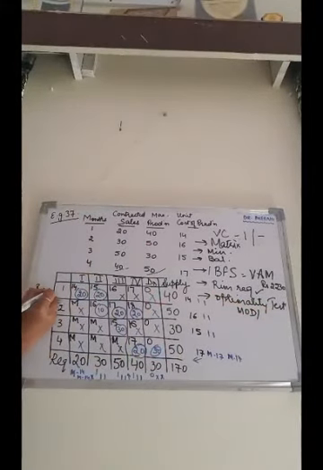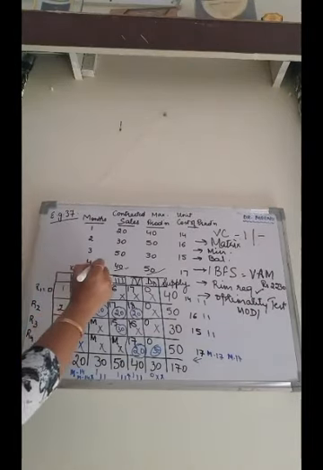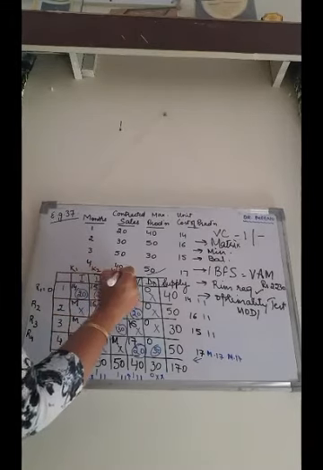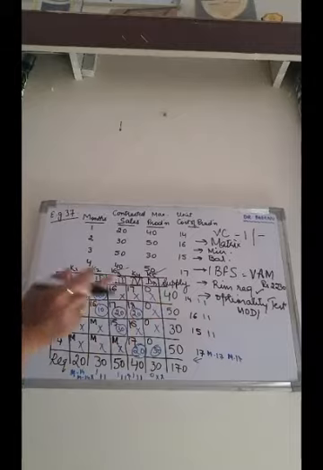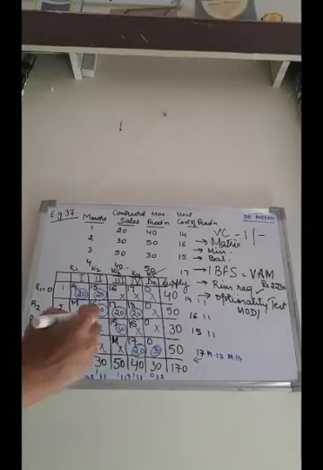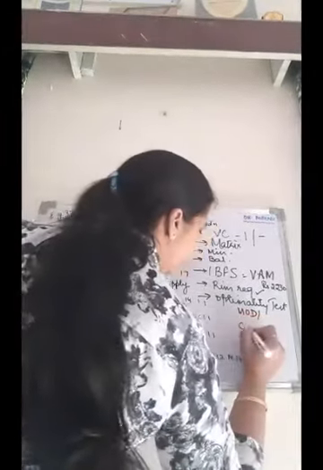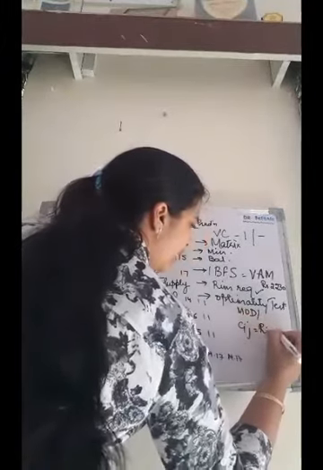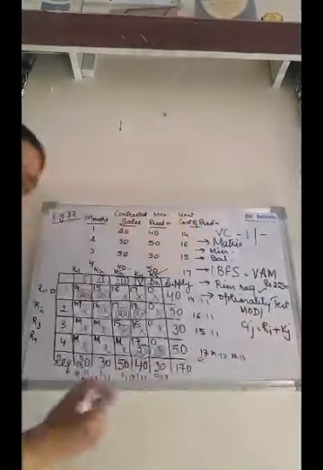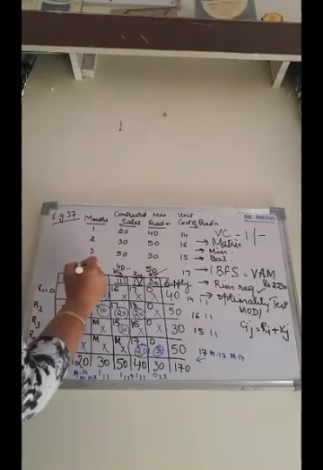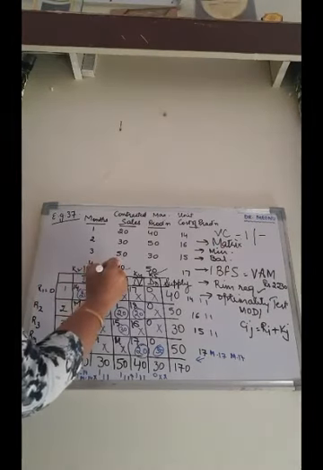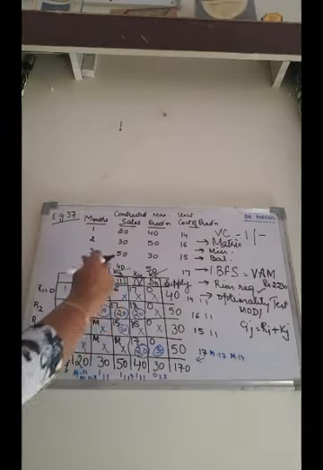So let it be, first R1 is equal to 0, R2 is equal to, this we have to calculate. This is K1, K2, K3, K4 and K5. For occupied cells, Cij is equal to Ri plus Kj. Now 0 plus 14, that is equal to 14, 0 plus 15 equal to 15.